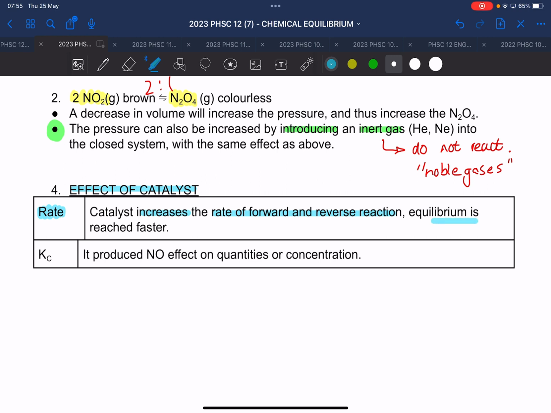So equilibrium is reached faster, but it has no effect on equilibrium. Meaning it doesn't shift it to the right or to the left. Thus it will have no effect on the Kc value as well.